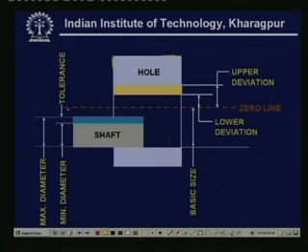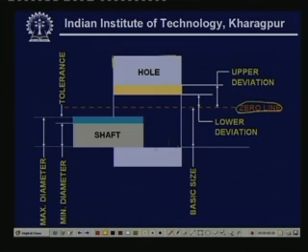Now, here you can see one line in red color marked as the 0 line. What is the idea of this 0 line?